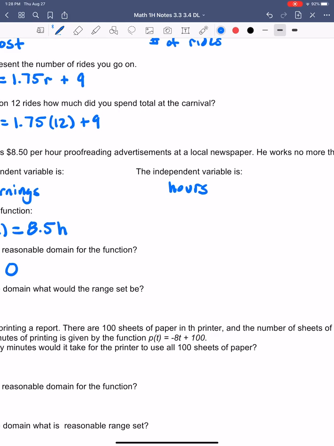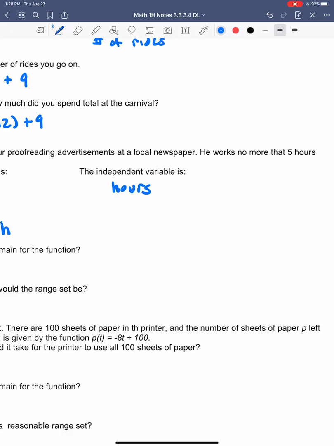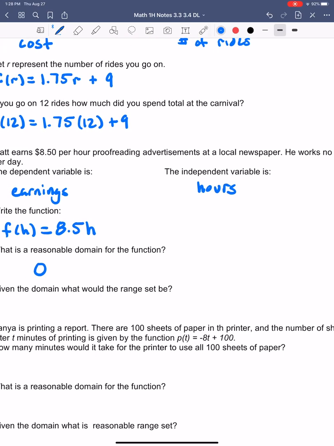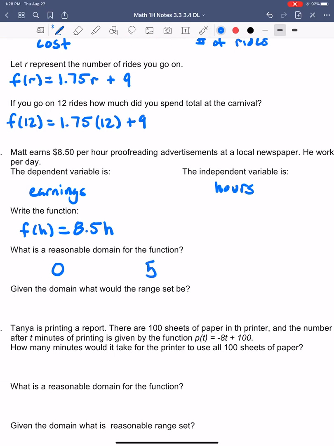And it tells me he works no more than 5 hours, right? So 5 is going to be my maximum. And so H has got to be in between 0 and 5. And so we're going to use a compound inequality to represent that, where the maximum hours is 5, the minimum hours is 0. It says, given the domain, what would the range set be?